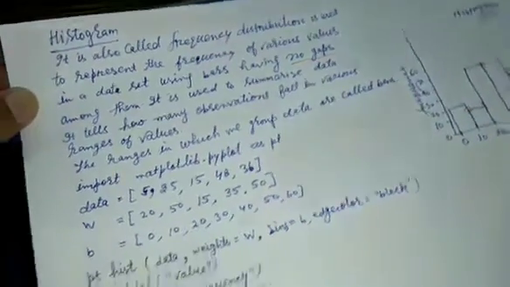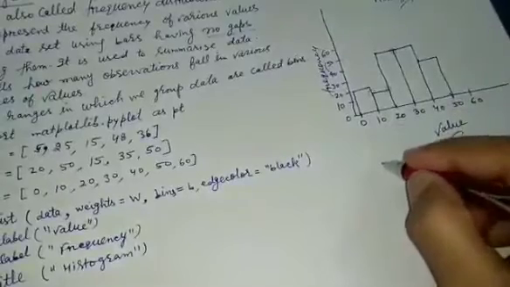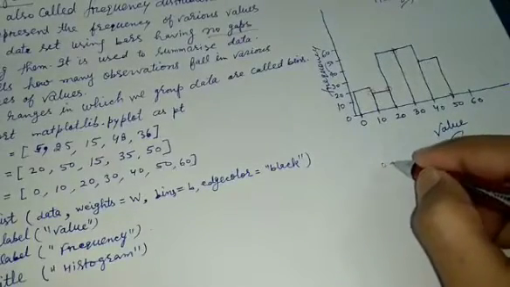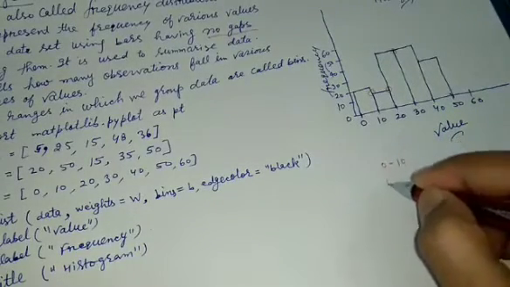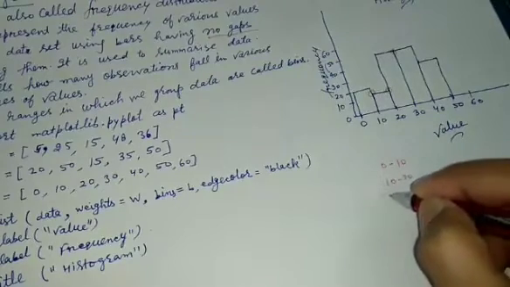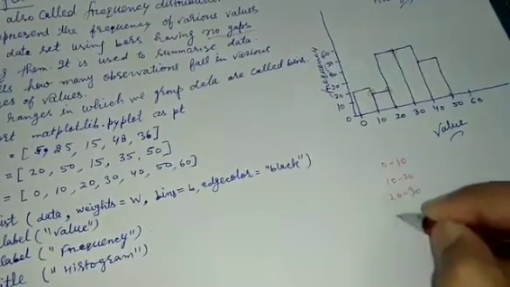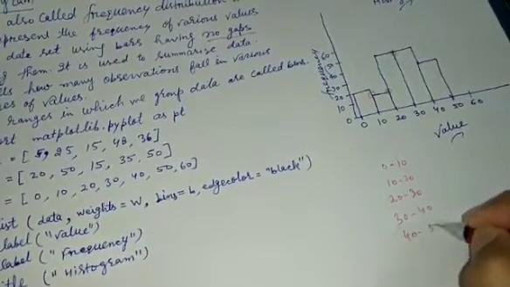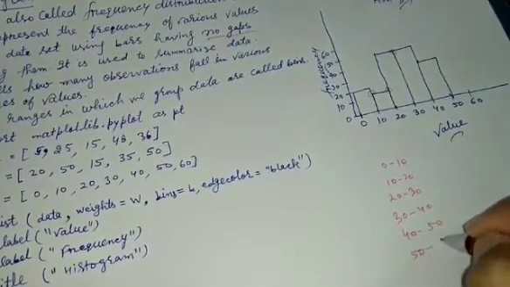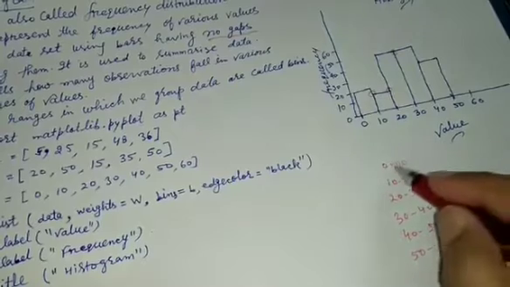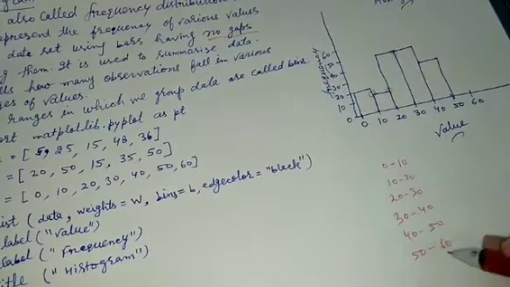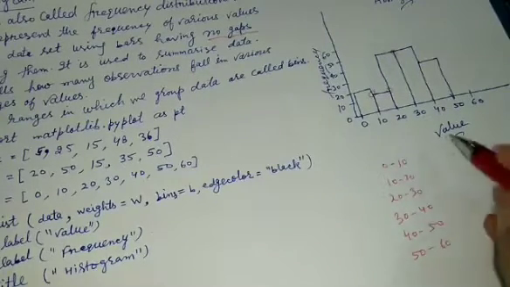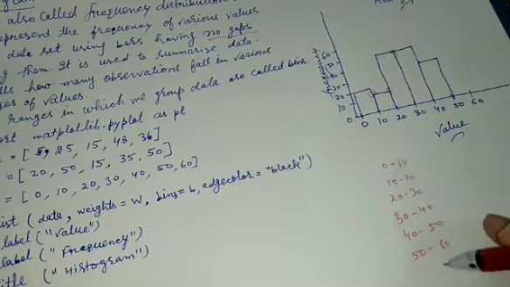The one thing, in mathematics you have created groups like this: 0 to 10, 10 to 20, 20 to 30, 30 to 40, 40 to 50, 50 to 60. So these ranges have some frequency, how many values come into these groups individually.